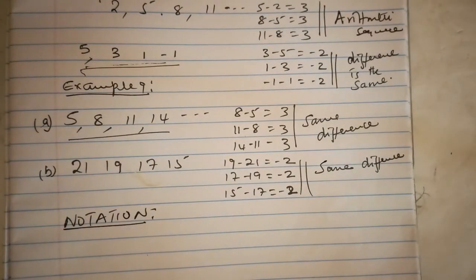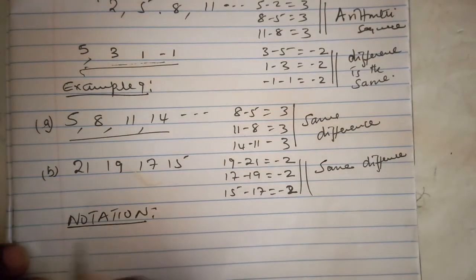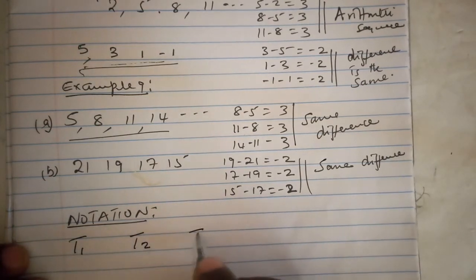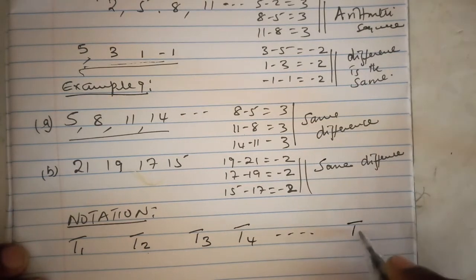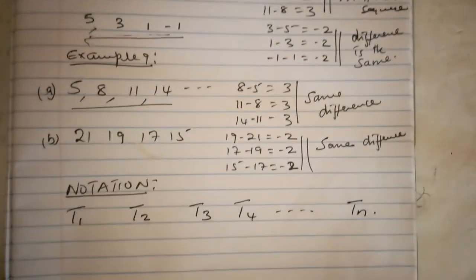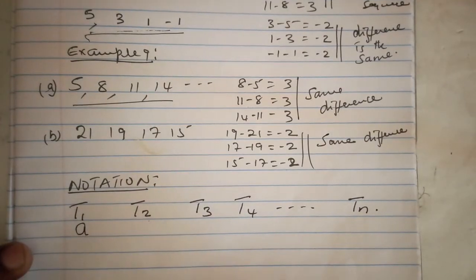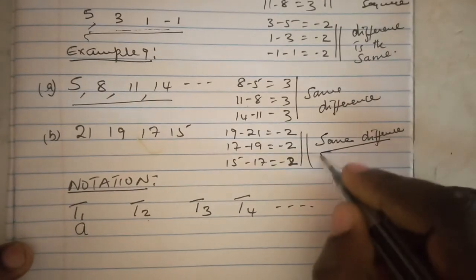How do we note this? Letter A, we talk about term 1, term 2, term 3, term 4, all the way until term n. A is supposed to mean term 1. And because the difference is the same, what do we call it?